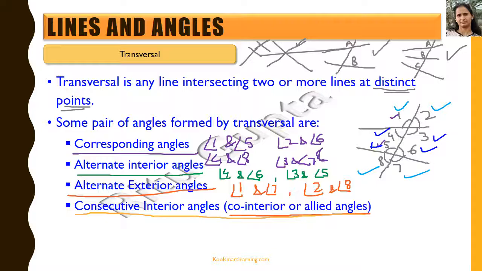Since they are co-interior, they lie on the same side of the transversal. So angle 4 and angle 5 are co-interior angles, and similarly angle 3 and angle 6 are co-interior angles.